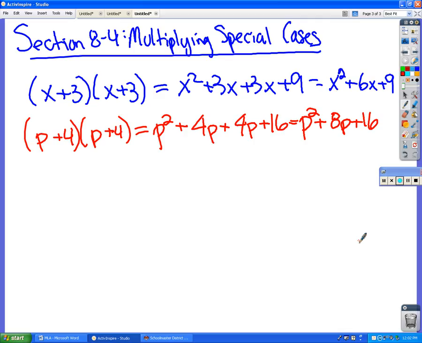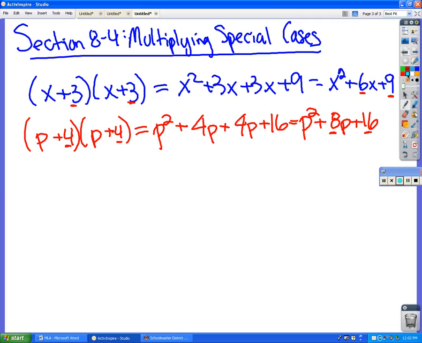Do you see a pattern? How does this 8 relate to this 4? Times 2. It doubles. How does this number at the end relate to this 4? It's 4 times itself, which in math language you say 4 squared.